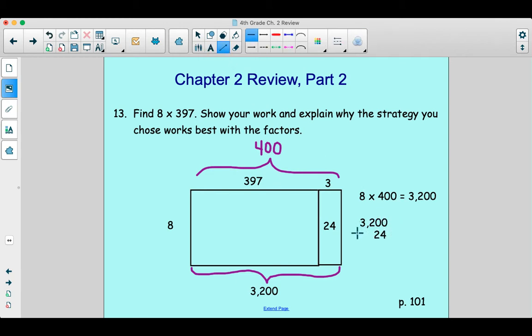I'm just going to put my subtraction sign and draw my line. Okay, so thinking about 3,200 minus 20, I know that would give me 3,180. And then I still have to take off 4 more.